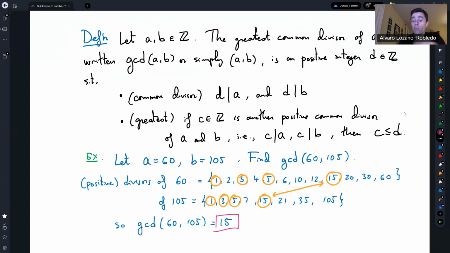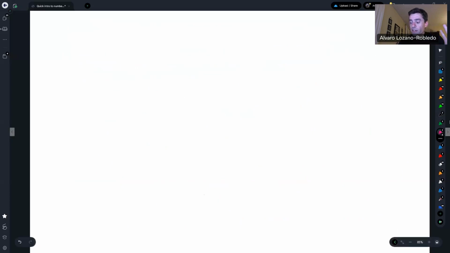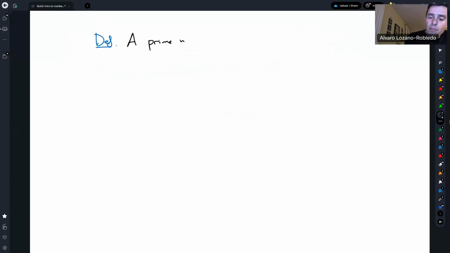So let's see, what is a prime number, first of all. So here is the definition for us. A prime number is a natural number p bigger or equal to 2.